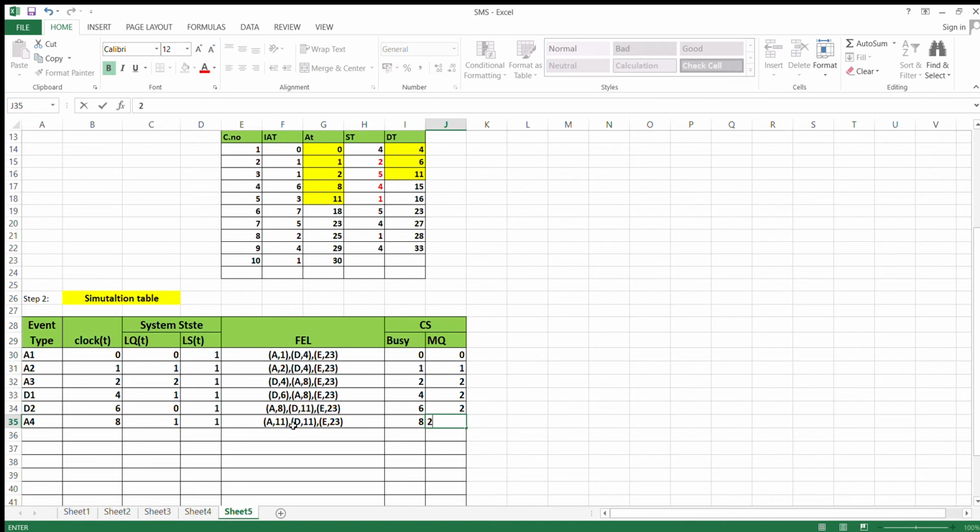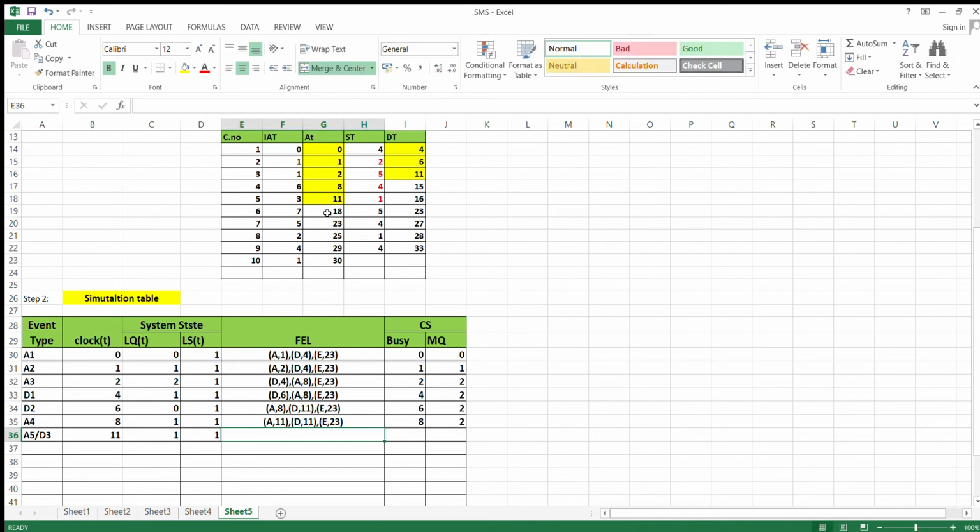Now both have the same value, I will write 11, A5, T3. When both events have the same clock cycle, we need to update the clock as 11 and perform both events in the same clock cycle. So A4 is under service, A5 is under queue.